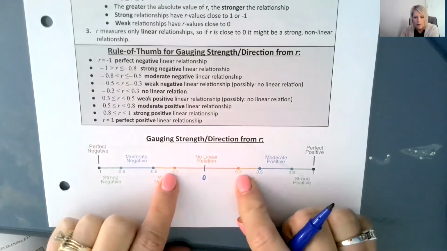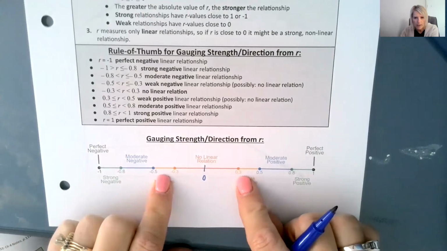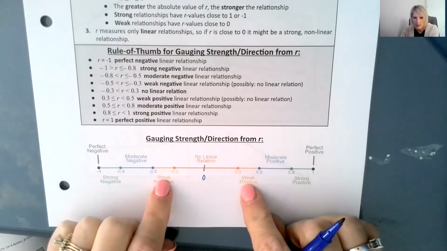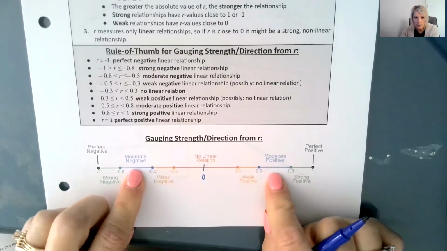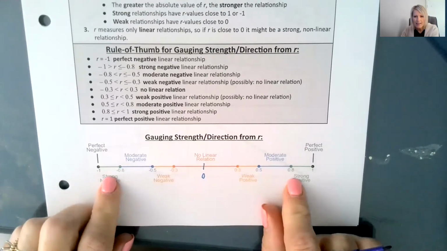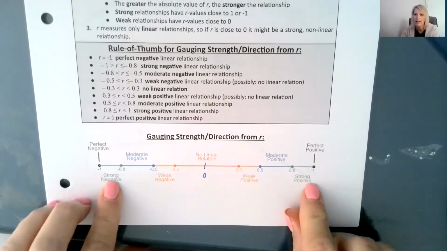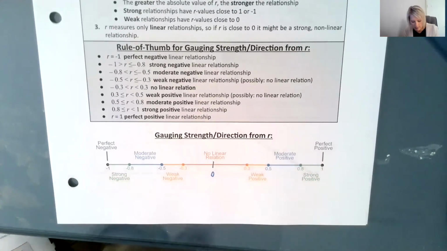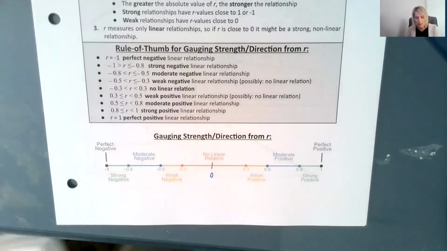And then if you move out from there, between -0.3 and -0.5 and +0.3 and +0.5, we have our weak relationships, negative and positive. And then we move out to the next space in blue, where we have the moderate positive and moderate negative. And then ideally where we want to be is either 0.8 to 1 or -0.8 to -1. And that's where we have our strong positive or strong negative relationships. Again, these are on your yellow gold sheets, which I encourage you to pull out from your course pack right away and get those stapled together because we're going to be using them all throughout the semester.